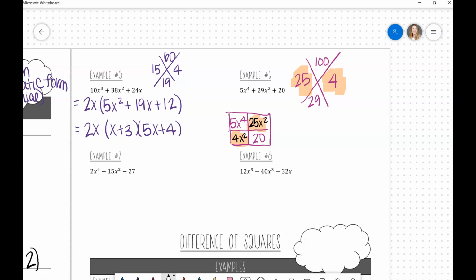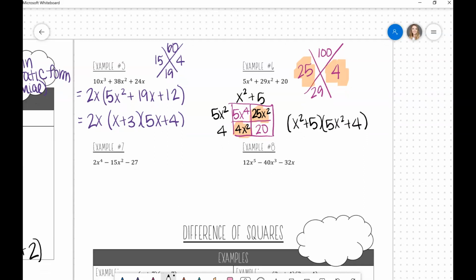Repeat this same process that we have been. These right here have a 5x squared in common. 5x squared times x squared is 5x to the 4th. 5x squared times 5 is 25x squared. x squared times 4 is 4x squared. This will factor into x squared plus 5 times 5x squared plus 4.